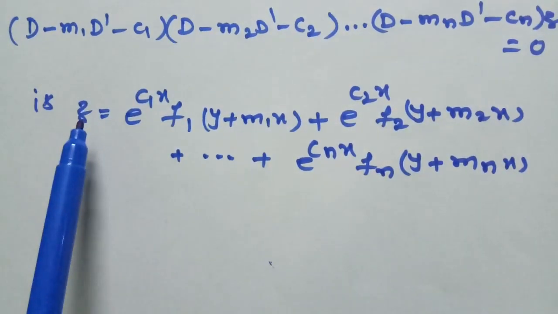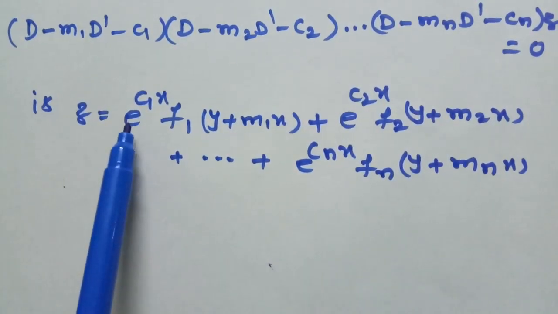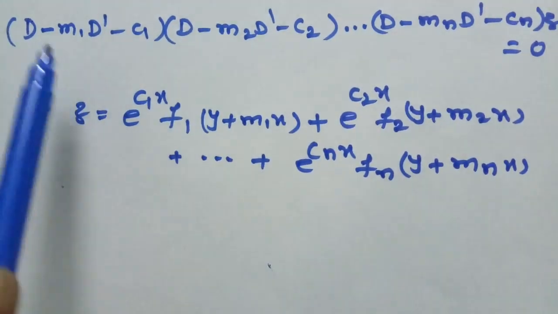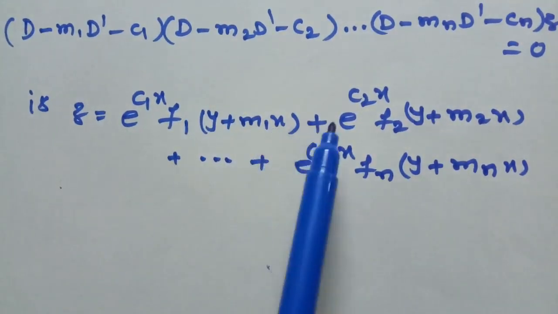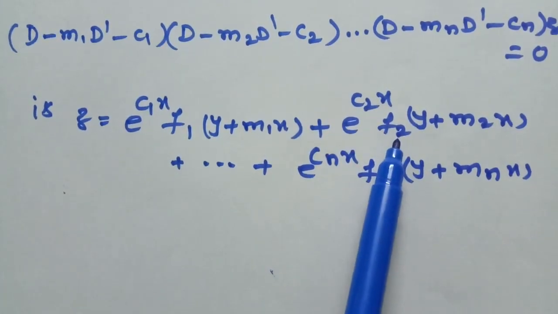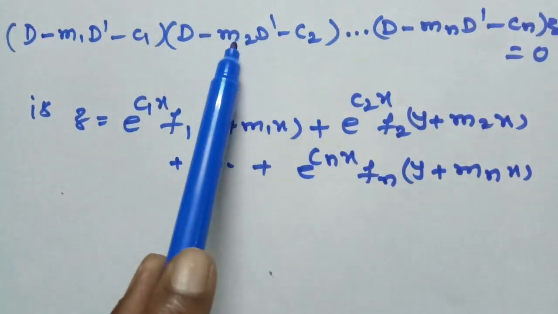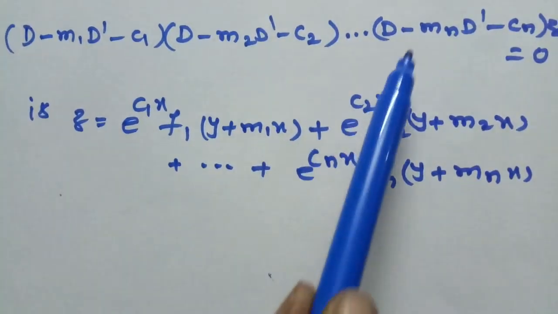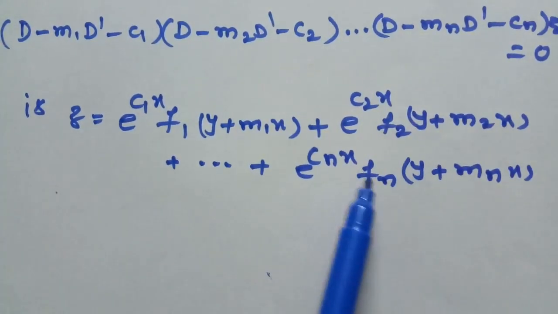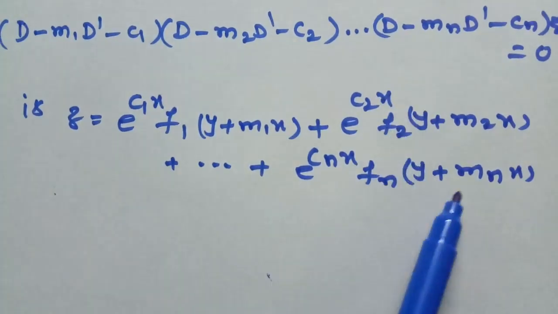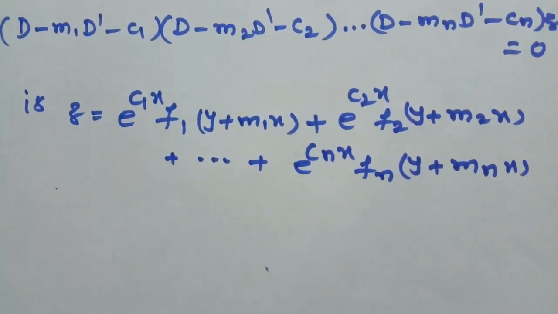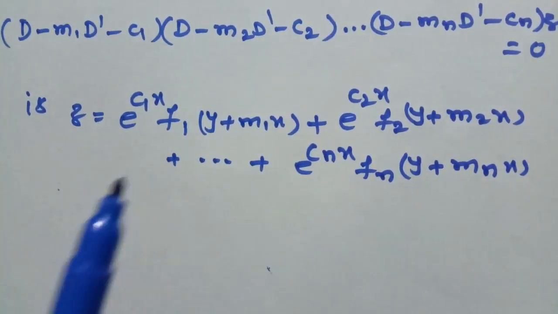Therefore, the complementary function can be written as e to the power of c1x into f1 of y plus m1x plus e to the power of c2x into f2 of y plus m2x plus and so on plus e to the power of cnx into fn of y plus mnx. So this is the formula to write the complementary function.